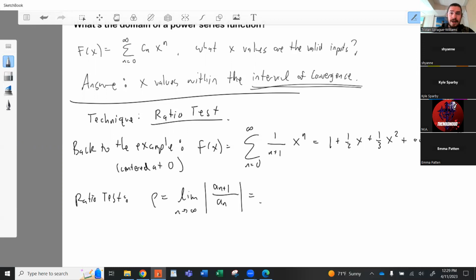If we do the n plus first term, it's like taking this and replacing n with n plus 1. So we have 1 over n plus 2, and then x to the power n plus 1, which we can put in the numerator since it's multiplied.